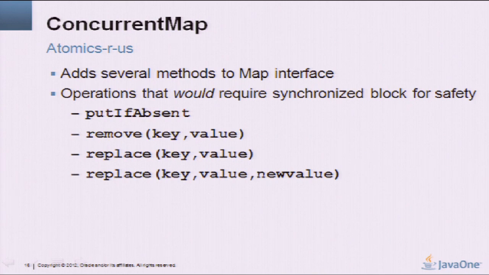And I definitely don't want to have to add a synchronized layer on top of a concurrent hash map. So they added this additional interface beyond what the basic map interface provides in order to provide these atomic operations. And there's actually two map classes, ConcurrentHashMap and ConcurrentSkipListMap, that implement this concurrent map interface beyond the basic map type.